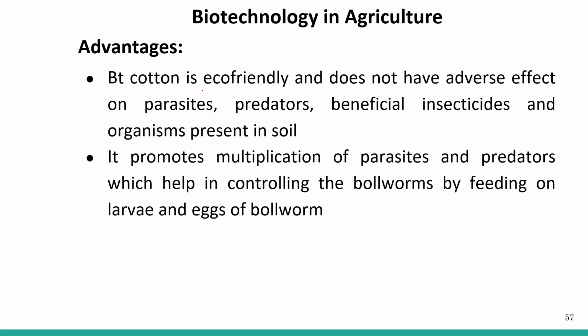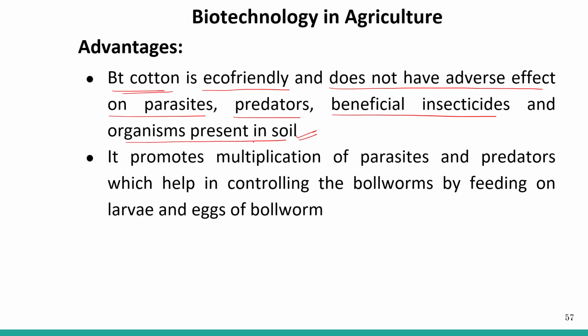BT cotton is eco-friendly and does not have an adverse effect on the parasites, predators, beneficial insects and organisms present in the soil. So this particular variety of cotton does not affect the insects that are beneficial to the farmers, right?